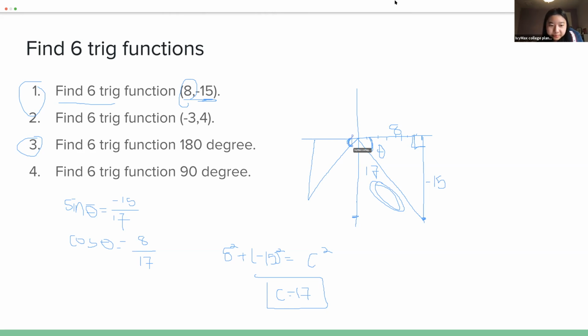And then your tangent theta should be negative 15 over 8, opposite over adjacent. And then your cotangent should be 8 over negative 15. Same as sine and cosine, you just take the reciprocal of them.